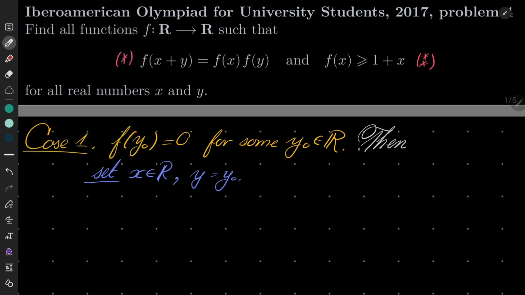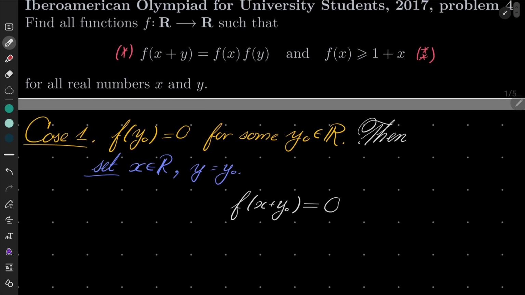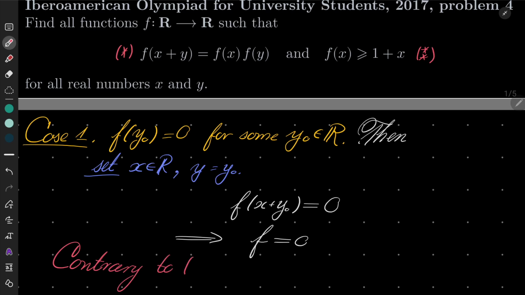We have the following: f of x plus y0 equals 0, because f of y0 is 0. In other words, x was arbitrary, so our function is constantly 0. Can it happen? No, it can't, because it's contrary to the condition which I marked double asterisk.